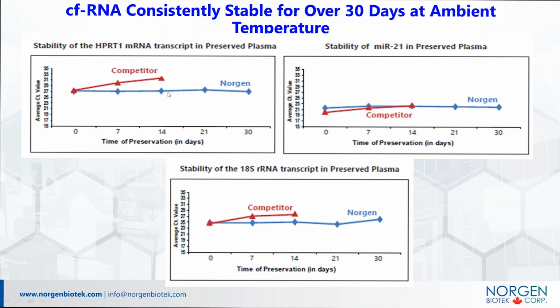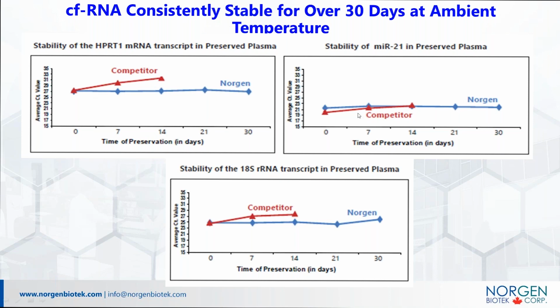Since the competitor only preserves RNA for 7 days or 14 days, we tested the preservation of the competitor for 14 days, but because ours goes to 30 days, we also assessed preservation for 30 days.